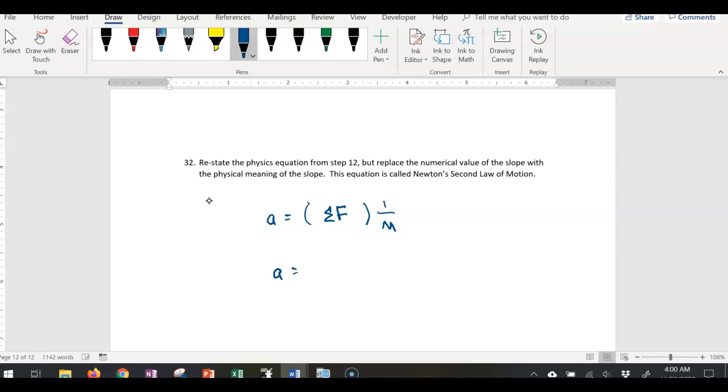So acceleration equals the net force over the mass. And this equation is called Newton's second law of motion. By the way, did you notice that we got the same final equation both in experiment 1 and in experiment 2?